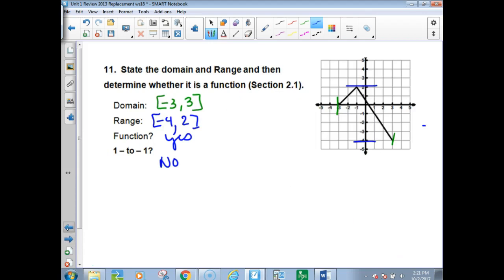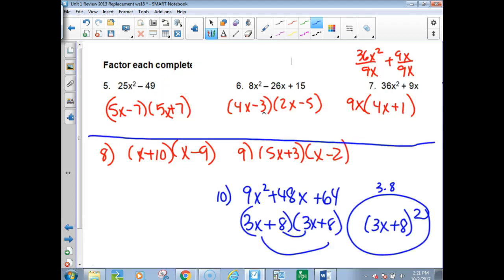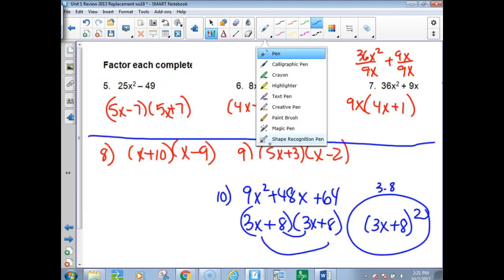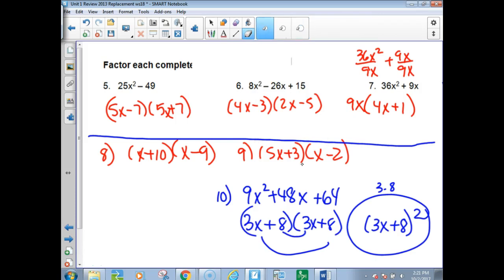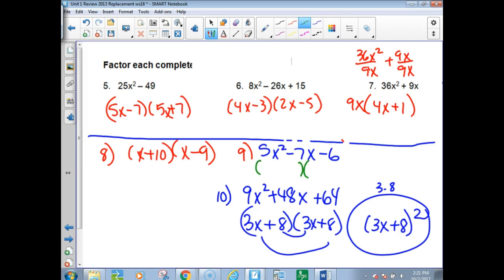Oh, yes, maybe. Do 9? Sure. Need a bigger eraser. Number 9, the original problem was 5x squared minus 7x minus 6. Okay, so I'm going to see if I can factor this.